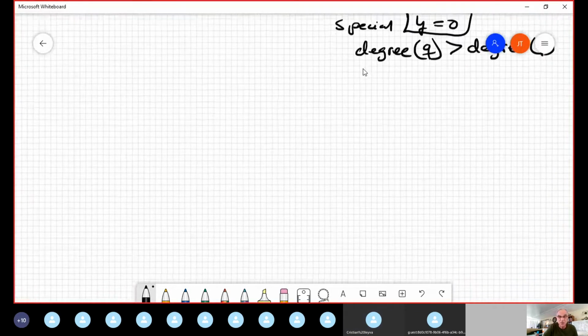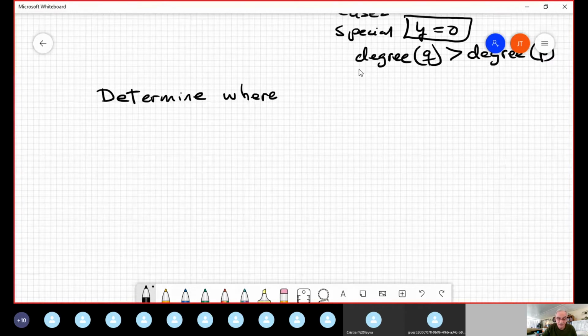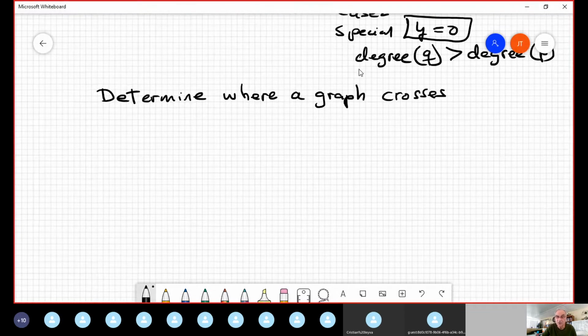Let me complement this idea for the horizontal. We almost finished horizontal, but we haven't finished one more idea. It is something like that. Look, it determines where a graph crosses a horizontal asymptote.